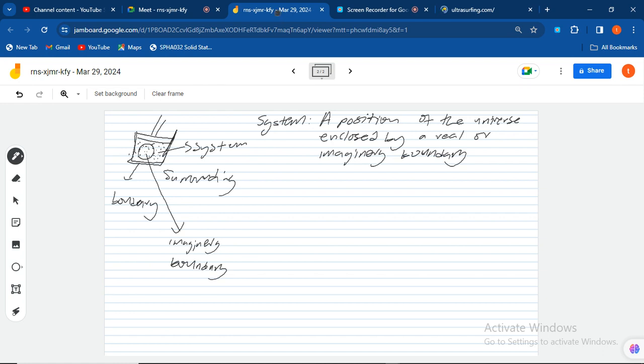Okay. So that's it about the imaginary and real boundary. So this one is real. This one is a real boundary.